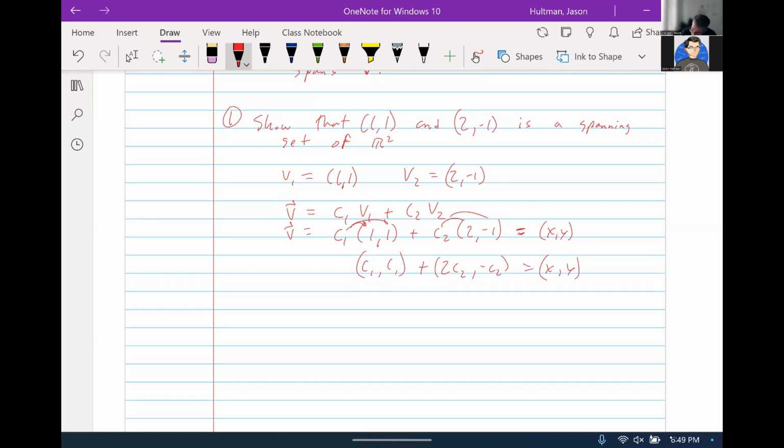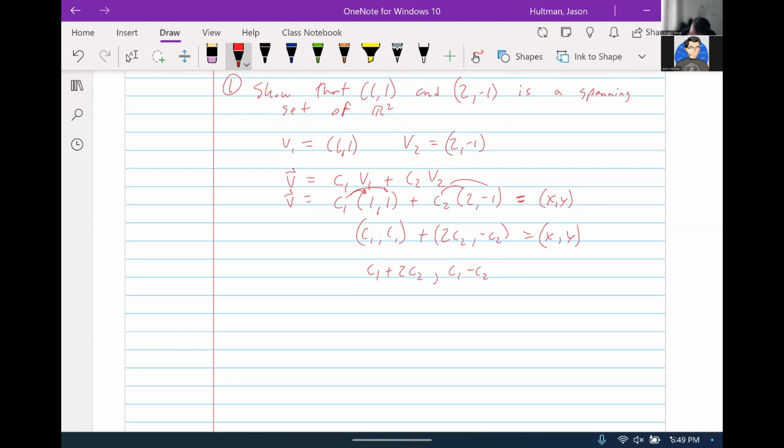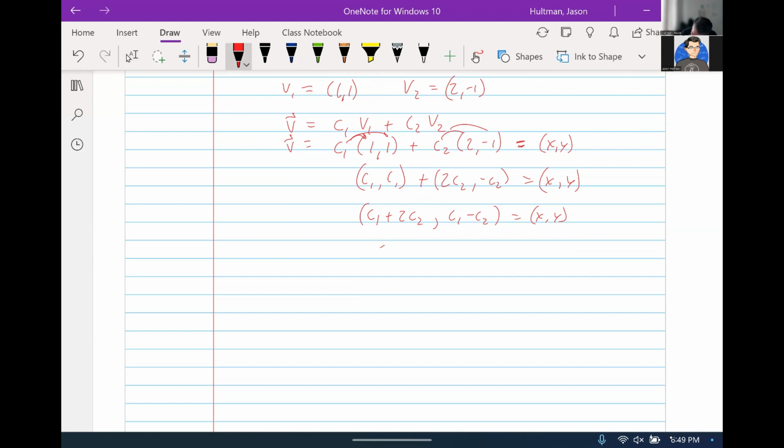If I add these two vectors together, I would get c1 plus 2c2, comma, c1 minus c2, is equal to xy. And so I could set this up as a system of equations. c1 plus 2c2 is equal to x, and c1 minus c2 is equal to y. Okay, so now I've got a system of equations here.